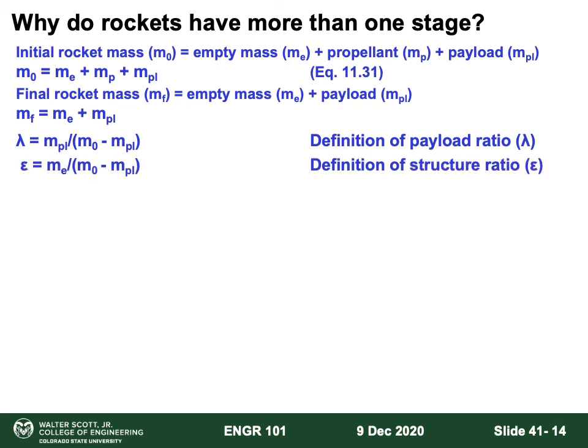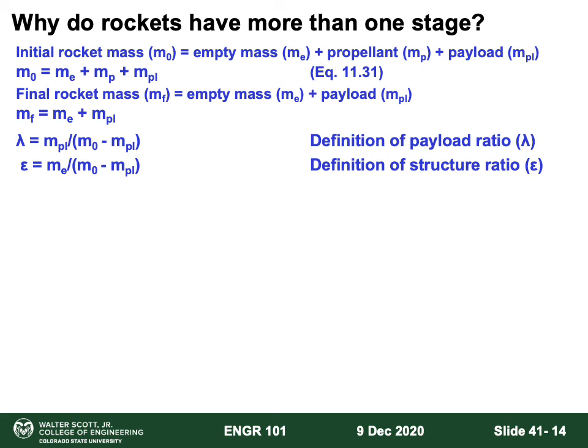The other one is what we'll call the structure ratio: how much of everything other than the payload is the empty mass. So we have the total minus the payload, and then we have this empty mass. Ideally, you would want the payload to be big, and you would want this epsilon, the second one, to be as small as possible.